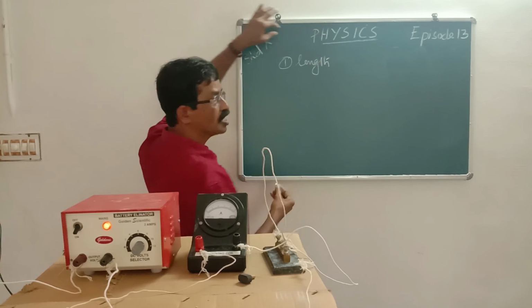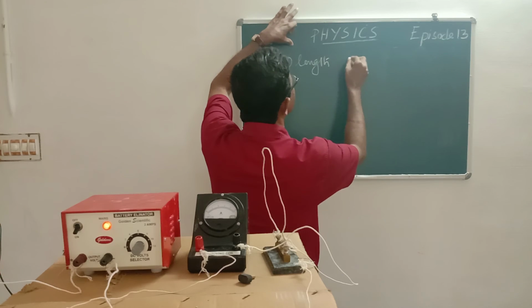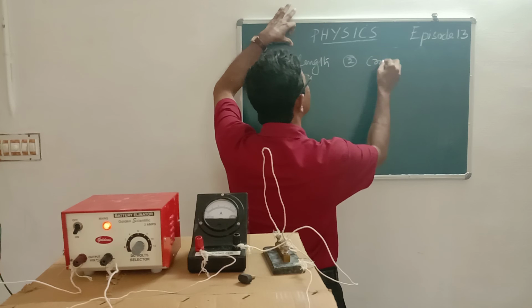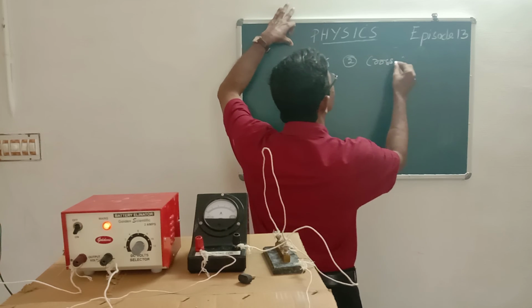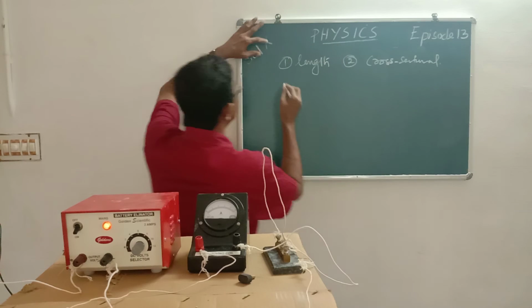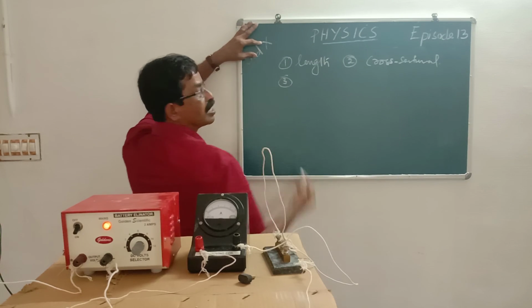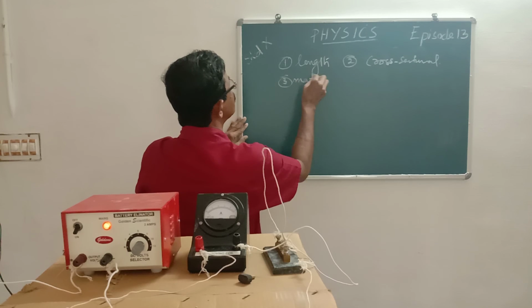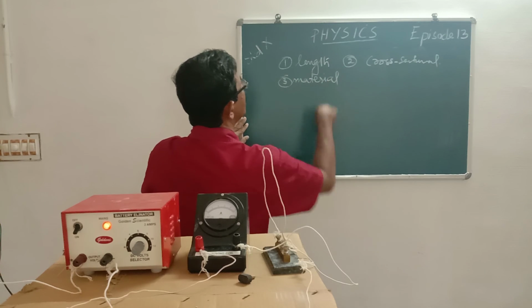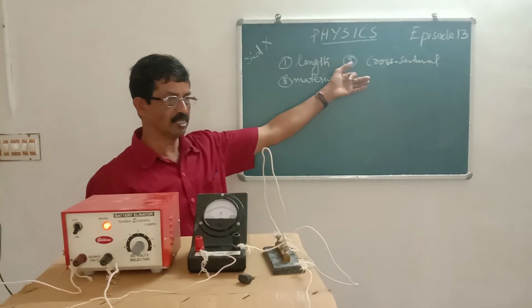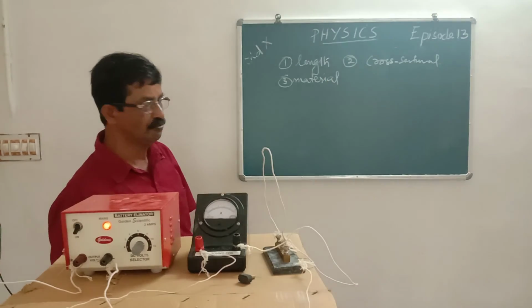That means resistance depends on length. Second, cross-sectional area. And third, the material. These are the factors if the temperature is the same, that means if the temperature is not varying.